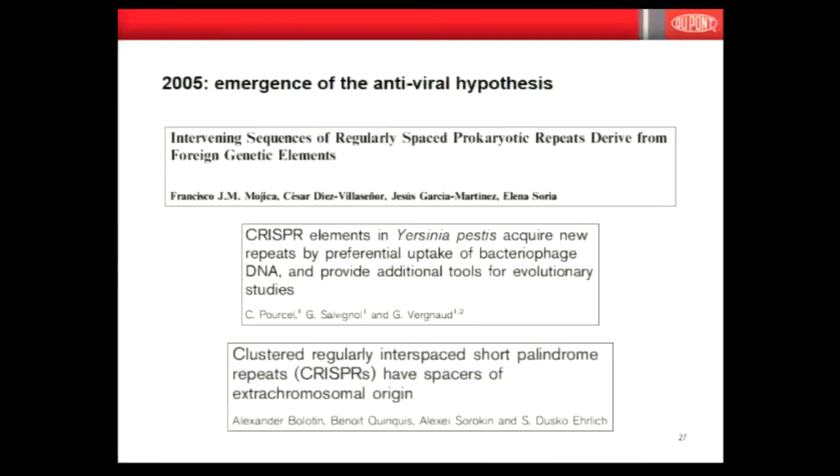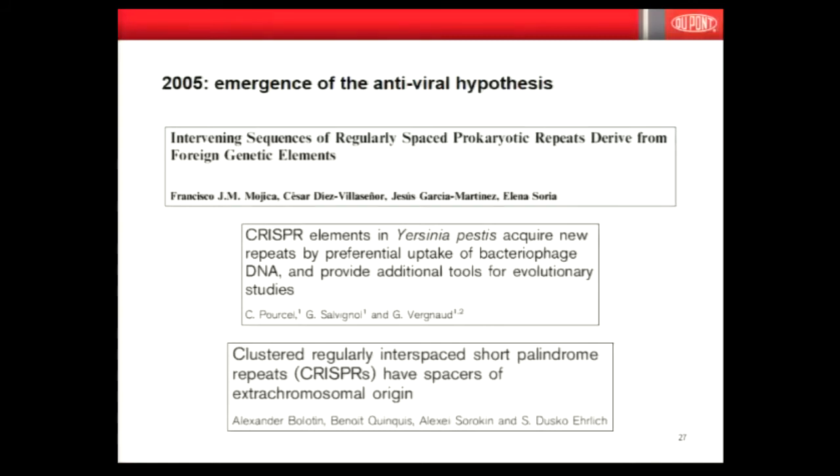It was a very hot period because at that time 3 papers came out suggesting that CRISPR and Cas could be acting as an immune system in bacteria, but it was only based on in silico observations. And several hypotheses were wrong at that time.